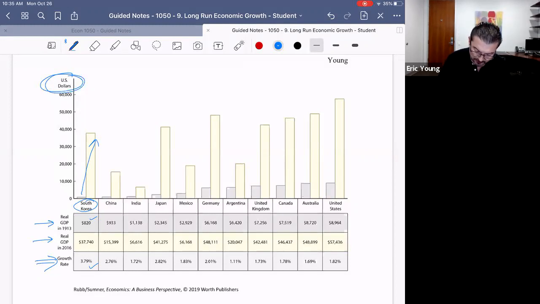On the other hand, you look, for example, at India, which in 1913 was actually wealthier than South Korea. Yet because their growth rate trailed behind, you see a very, very small increase in India's real GDP per capita. And you see this story across. So you can see the first bar, right here in gray, would be the 1913 real GDP per capita.